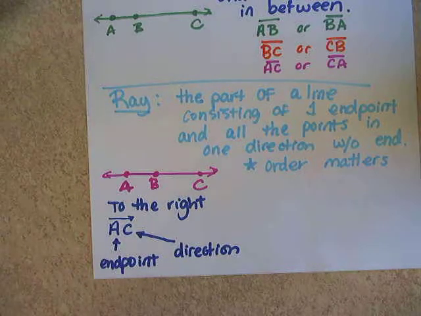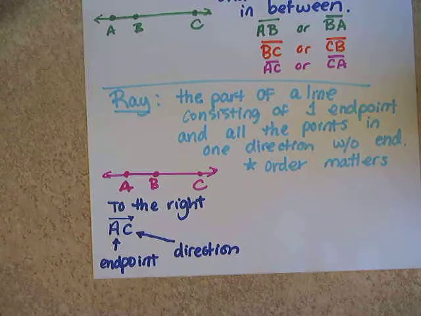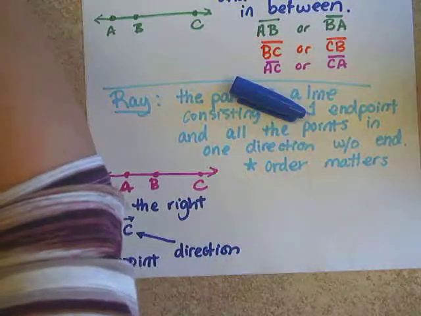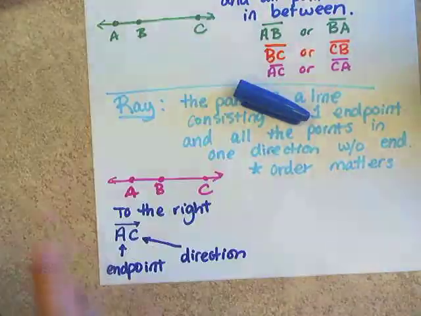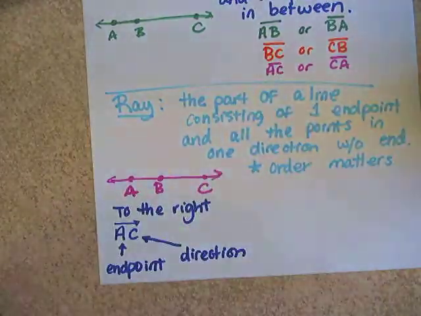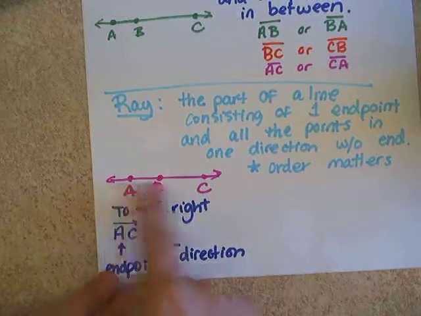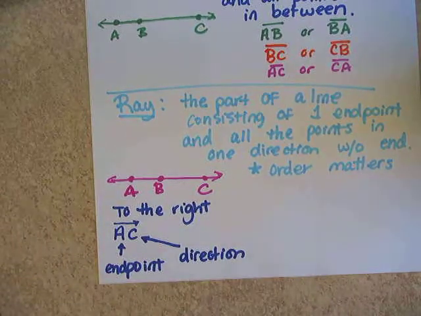All right? There's another way to name that exact same ray. If it's a ray that starts at A and goes to the right for this diagram, what's another way I could name it? Thought I'd wake you guys up.